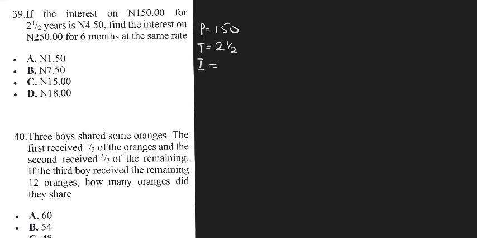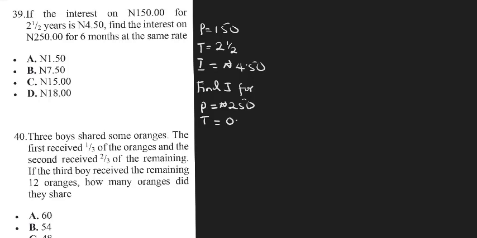I is equal to 4.50. We have to find the interest, I, for the second principal, P equals 250 naira, then time T is equal to 6 months, that's half of a year.